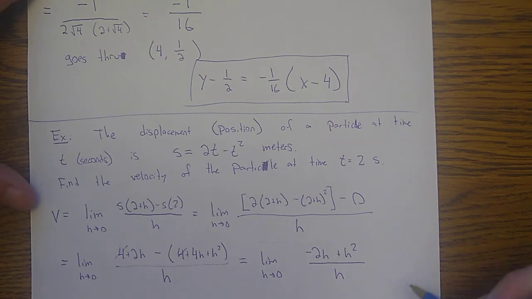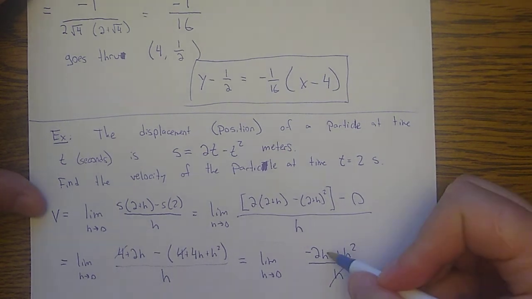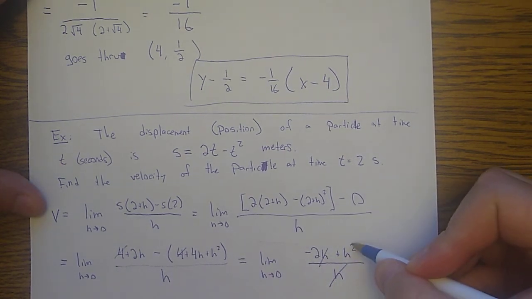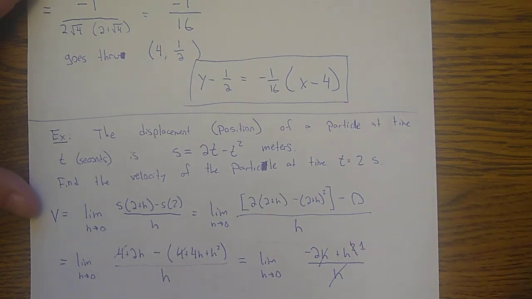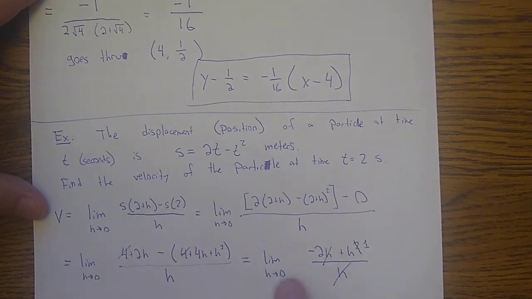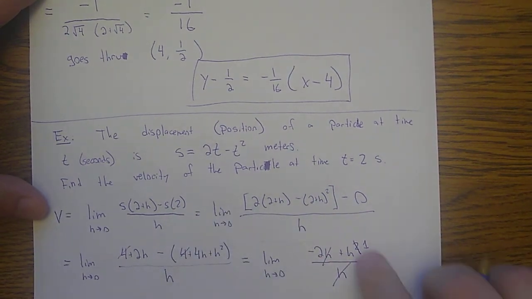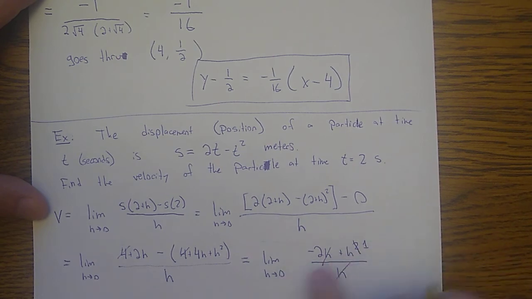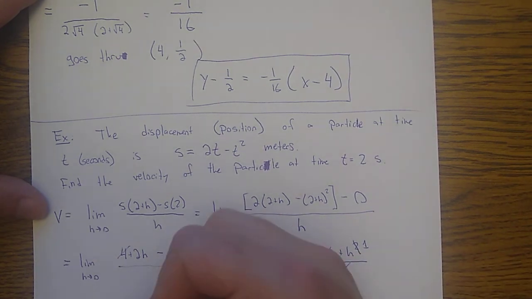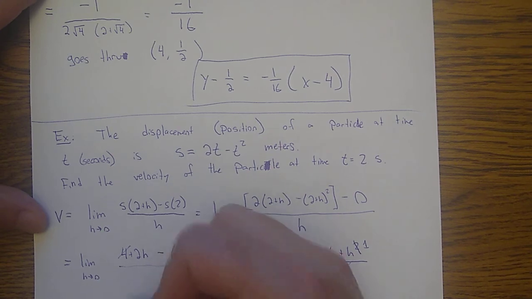And now I can cancel an h off of everything. So this is now just a negative 2, and this h squared is now just h to the 1. And now I can do the limit as h goes to 0. This negative 2 is just negative 2. And this h is 0 because I'm plugging in 0 for h. So that's the velocity.